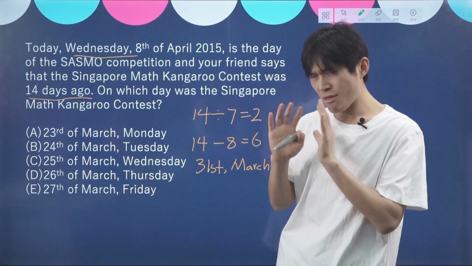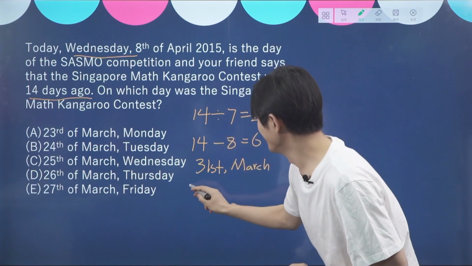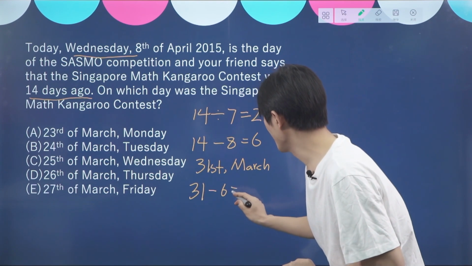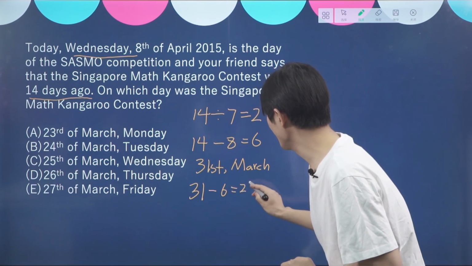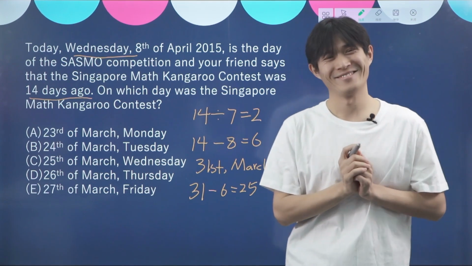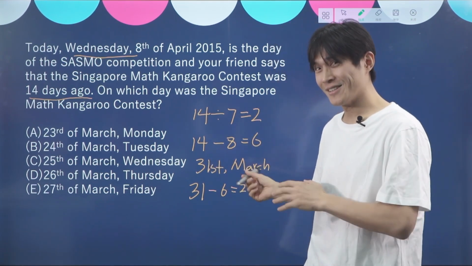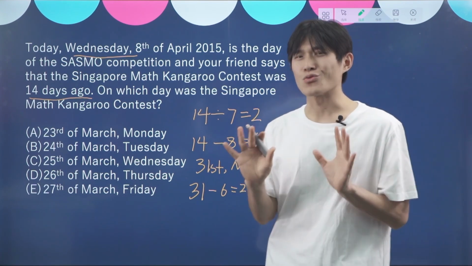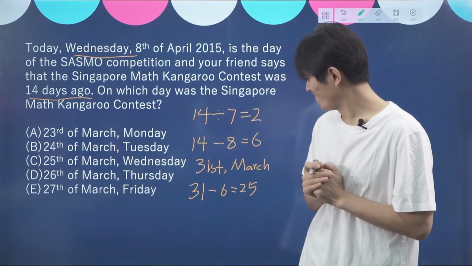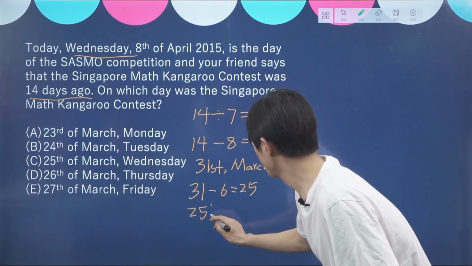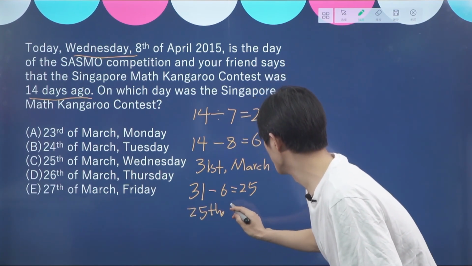Now 31 minus 6 equals 25. Now you know 6 days ago it will be 25th March.